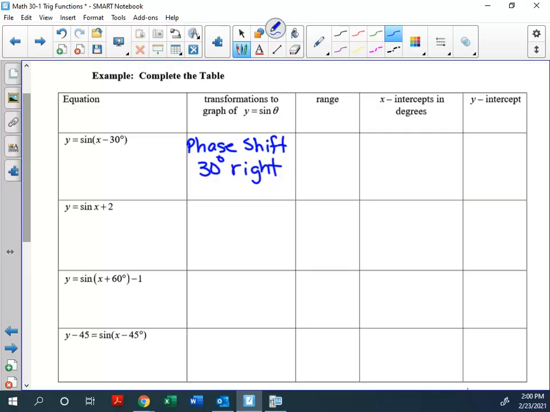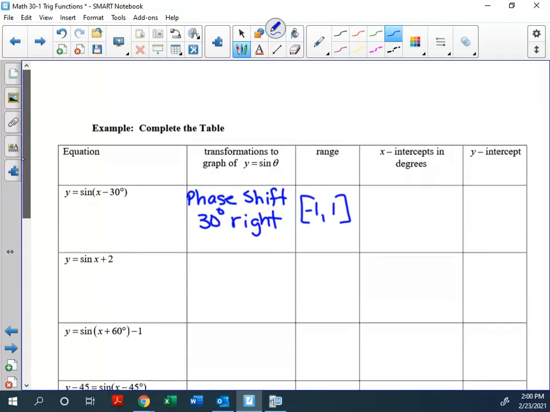The range. Well, C is an effect on the x values, so would this affect the range at all from the base graph? No. So the range is still our basic -1 to 1. X-intercepts in degrees. Okay, let's pull those up so we've got them. If it's sine theta, our x-intercepts were, and we'll do them in degrees this time because that's what it says, 180 degrees n, n an integer.